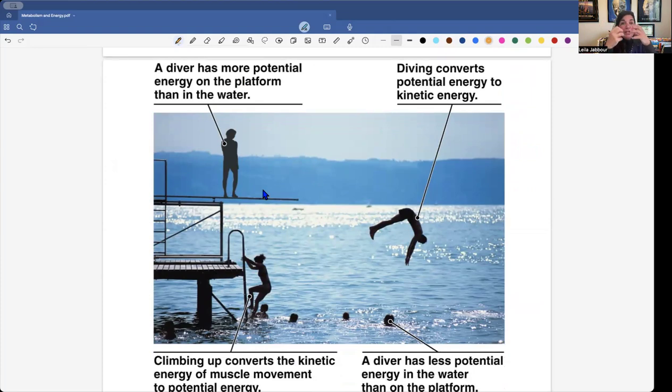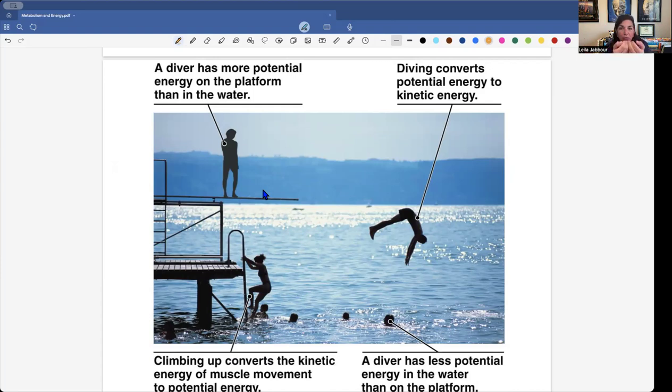So he has more potential energy on the platform than he has when he's in the water. That's because this energy is going to change from just not being used at all as he's standing, he's not moving, to once he jumps and now he's falling into the water, that becomes kinetic energy.